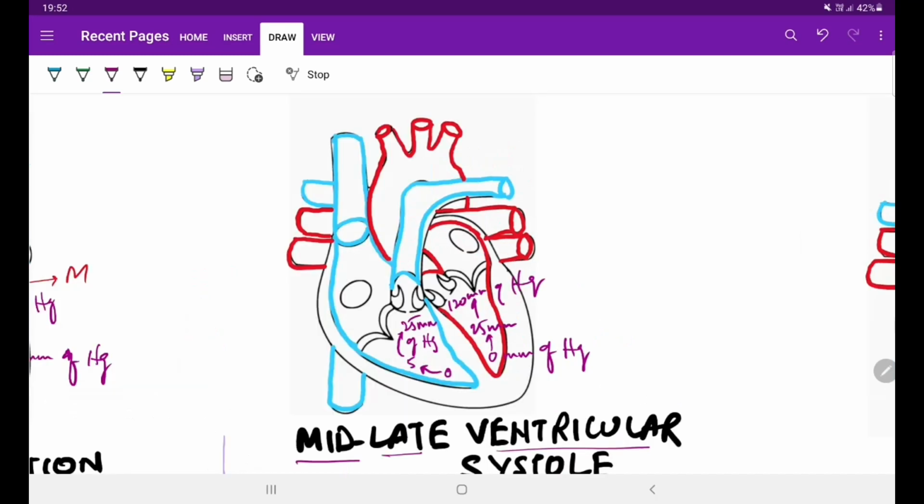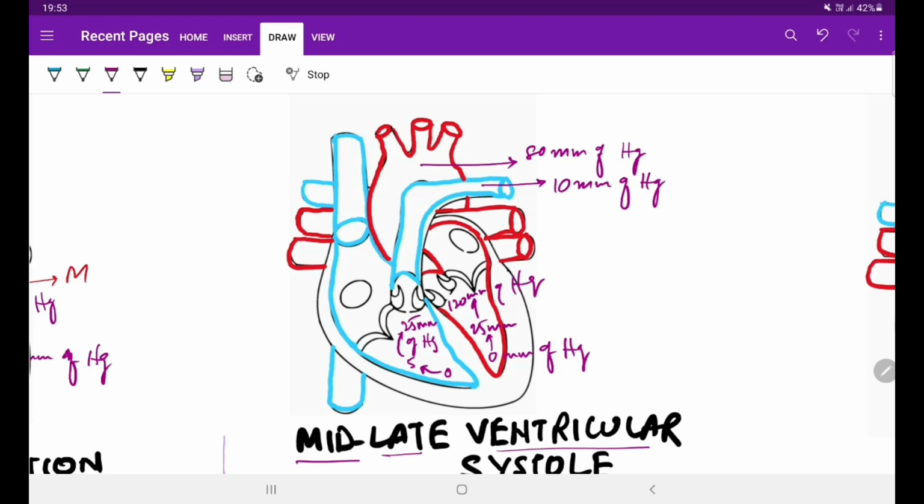So, there is a huge rise in the pressures in both the ventricles, but at the same time the pressure in the aorta remains at 80 mm of mercury, and the pressure inside the pulmonary artery remains at 10 mm of mercury.